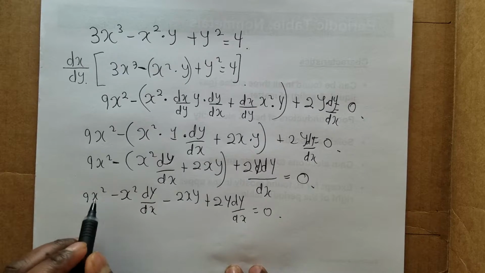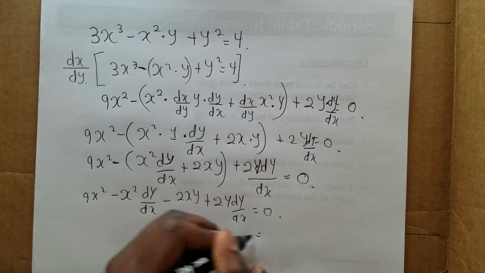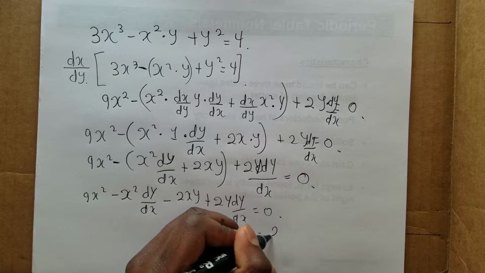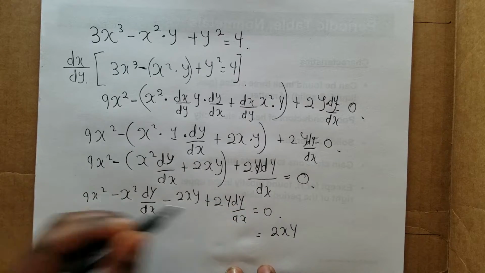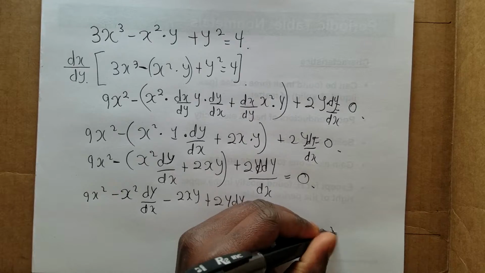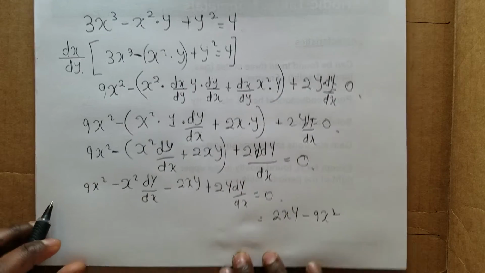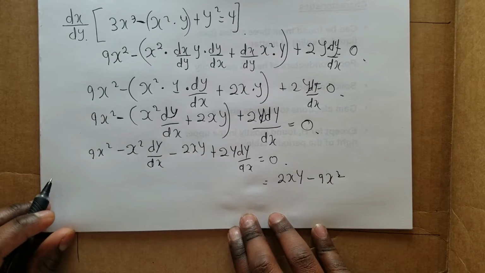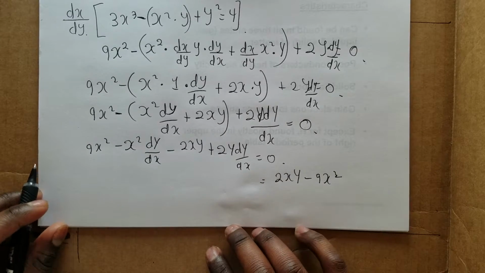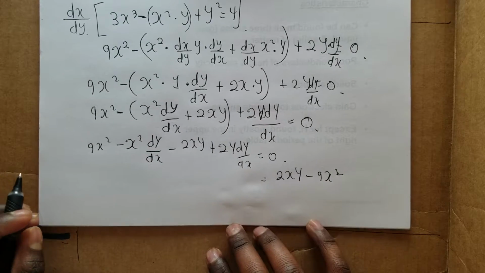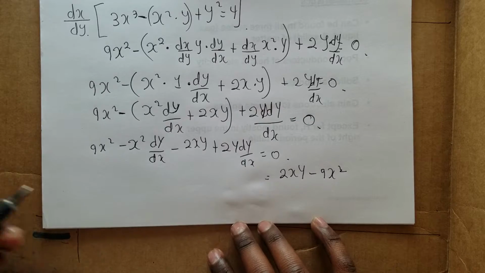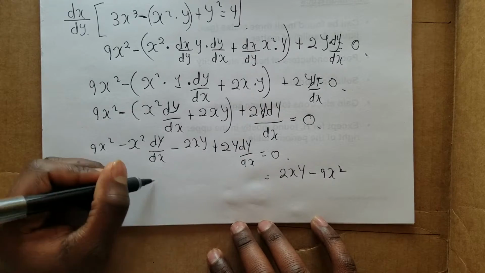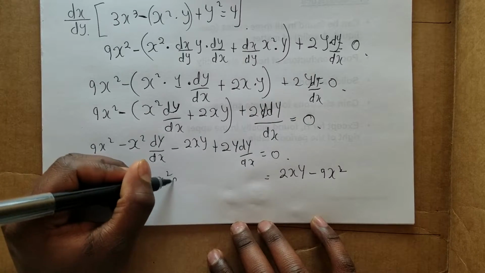These terms with the variables can come on this side, so you get plus 2xy minus 9x squared, and this stays on this side, so you get minus x squared.